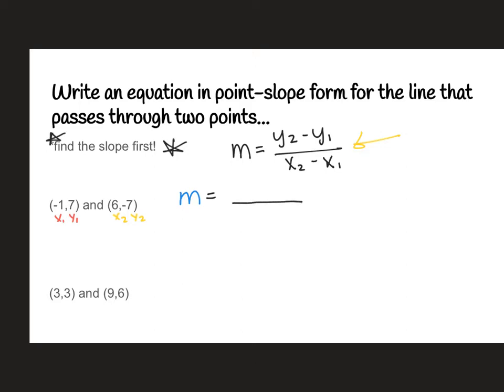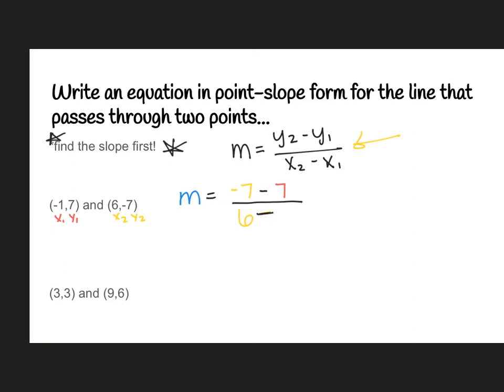y2, which is -7, minus y1, which is 7, over x2 minus x1.